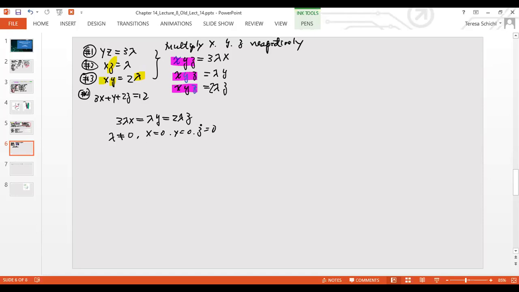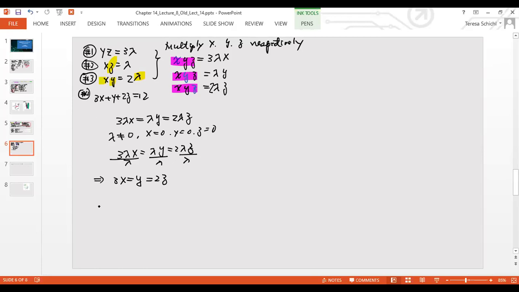Because lambda is not 0, I can divide both sides by lambda. So I have 3x equal to y equal to 2z.